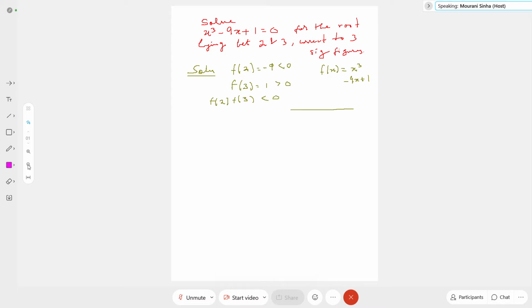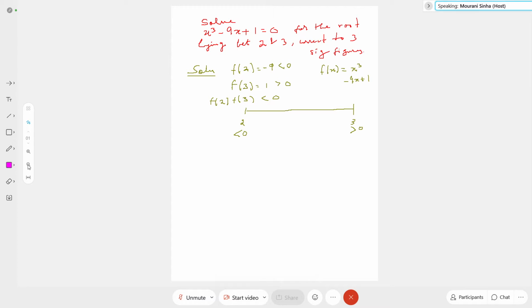So what we are doing now here, the root is between 2 and 3. This is the interval. At 2 it is negative and at 3 it is positive.